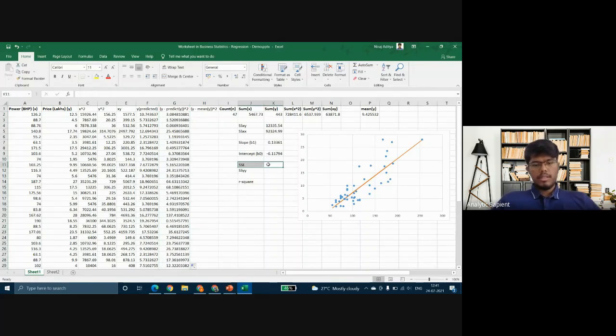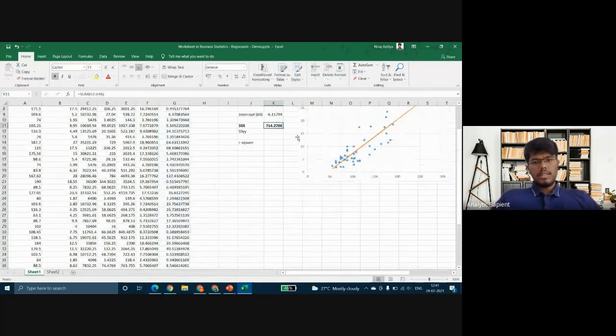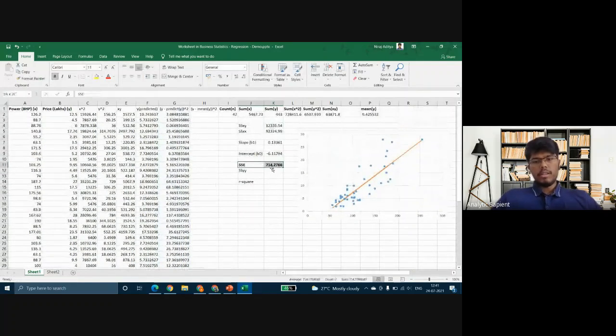The sum of squares error is basically the sum of all of these. So this is the error. So 714.